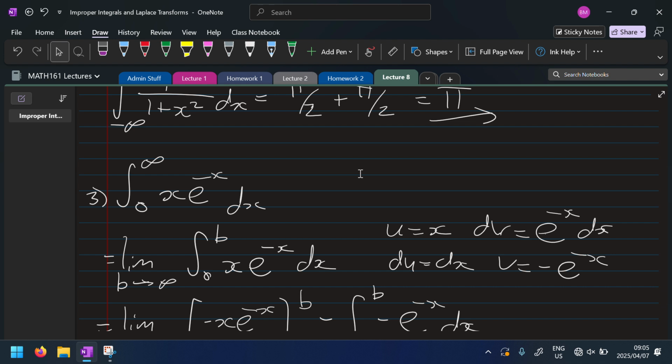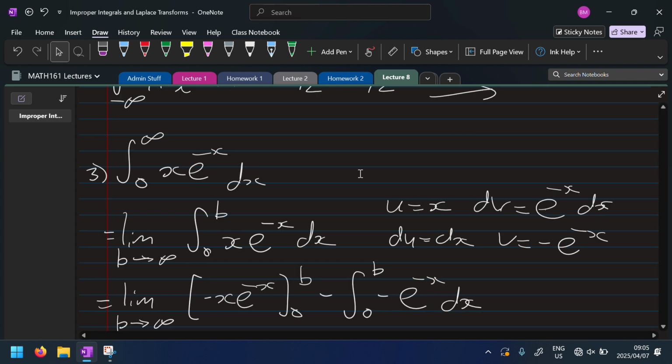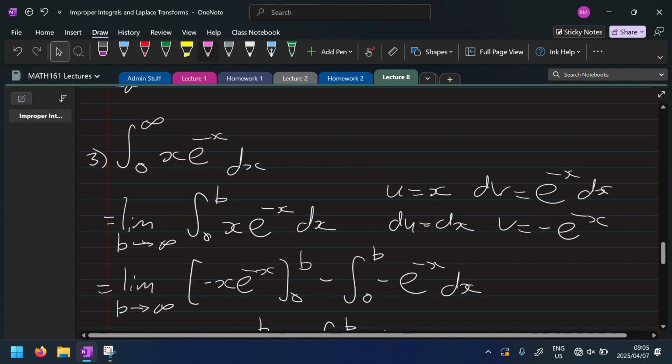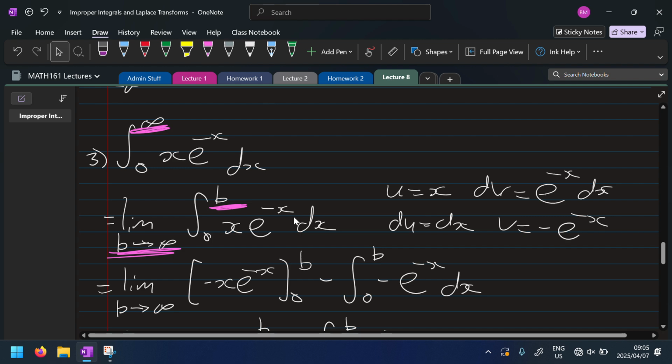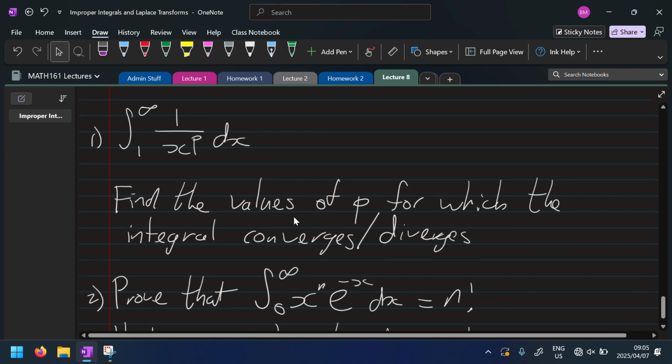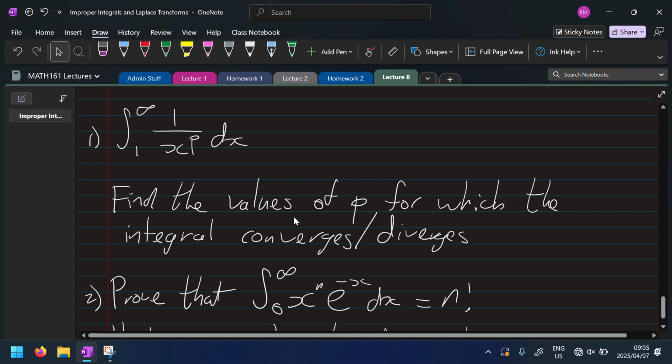And please remember your limit laws and your L'Hopital's rule and all of that. So that's the main idea: infinity at the top becomes a b, and then the limit. You do that for all the problems, you'll be fine. Any questions?